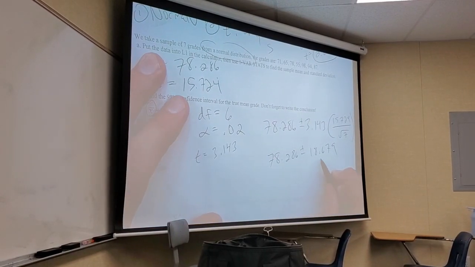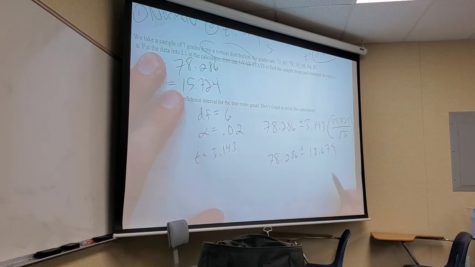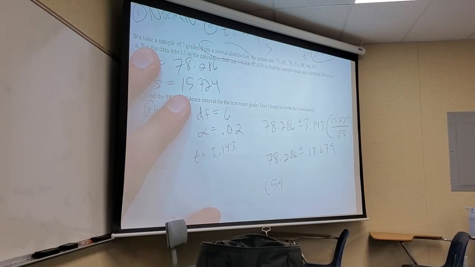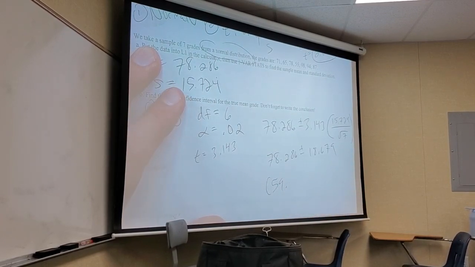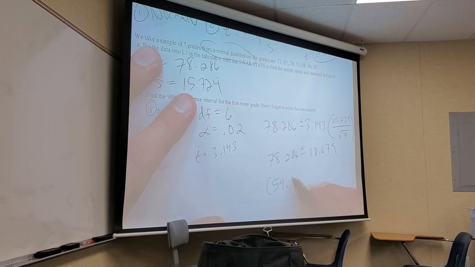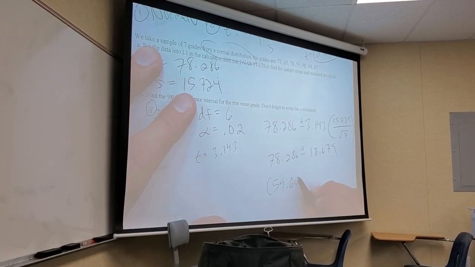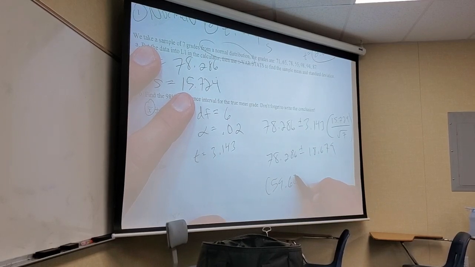And now you subtract, and you get like 59 point something, right? 59.607.